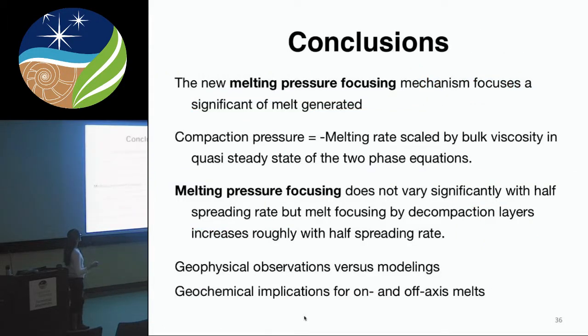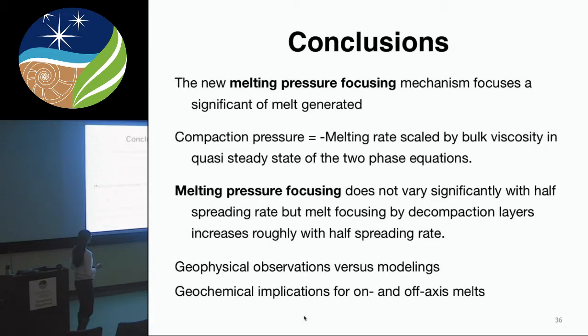So these are my conclusions. We see this melting pressure focusing mechanism, and it's actually very simple. If you look at the equations, compaction pressure is equal to melting rate scaled by bulk viscosity when it's quasi-steady state.